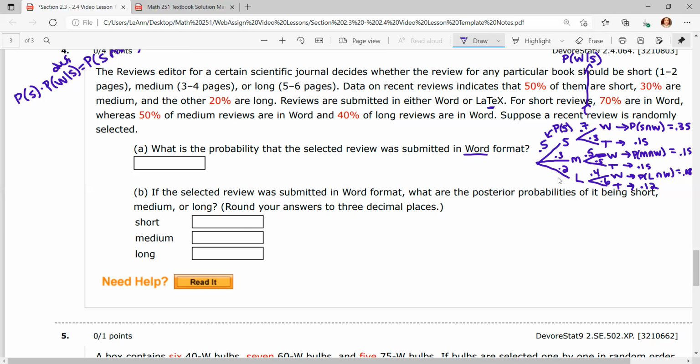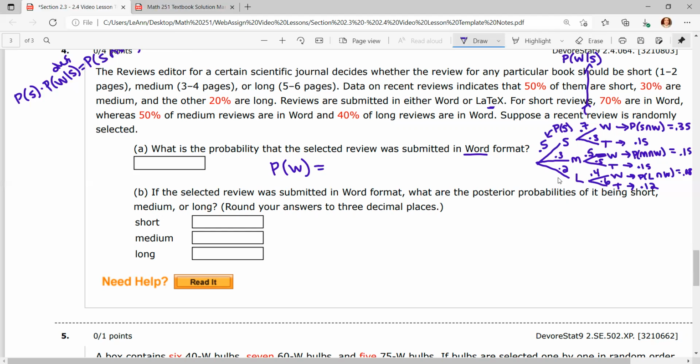So here's the deal. If you want the probability that the review selected was in Word, and in all of our problems here, the only singular probabilities we knew were the size of the document. Well, the cool thing is, if you go through and you have all these conditional probabilities, you can find all of the options that ended in Word, which means that's the probability that I could have selected a Word format without worrying about the size. In other words, we don't care about the size so much. These are all the ones that ended in Word.